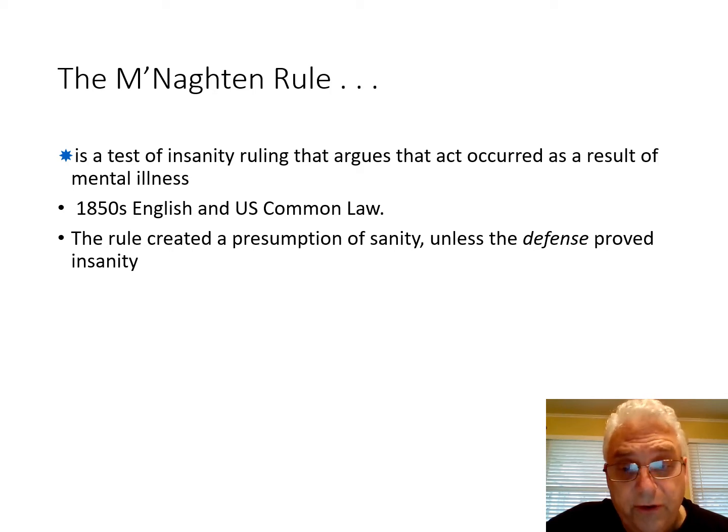In other words, all defendants were assumed to be sane unless the defense proved insanity. So the burden of proof was on the defense lawyers, and not on the prosecution or the jury, to prove that the person on trial was insane. And each state has different standards for what is considered insane behavior.